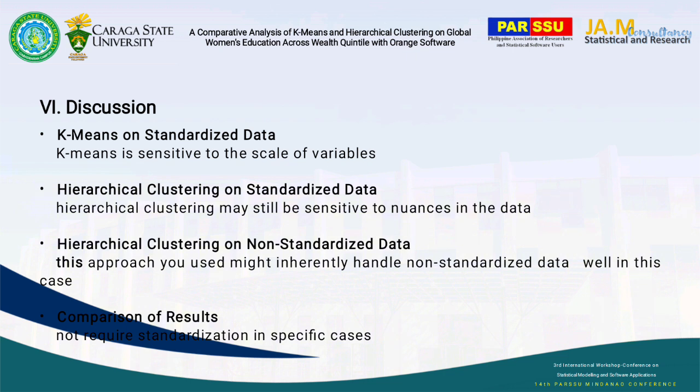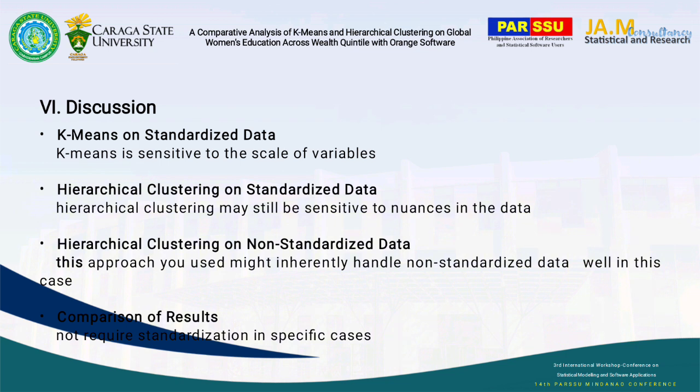When using non-standardized data in hierarchical clustering, the result aligns with the k-means result on standardized data. This suggests that the hierarchical clustering approach might inherently handle non-standardized data well, in this case possibly because one variable dominates the distance calculations and masks the variability in others.